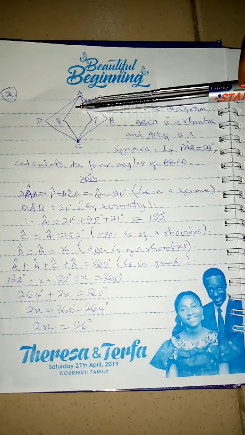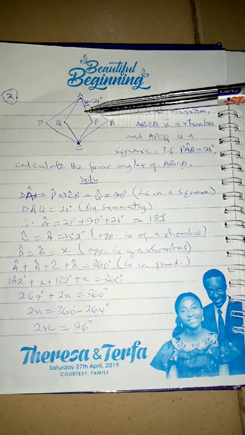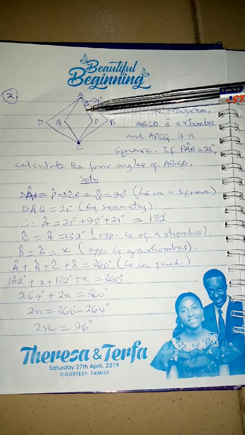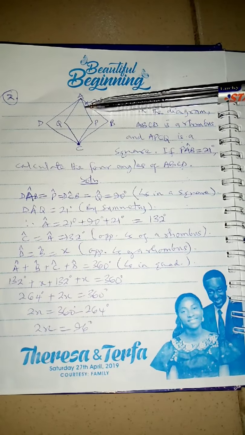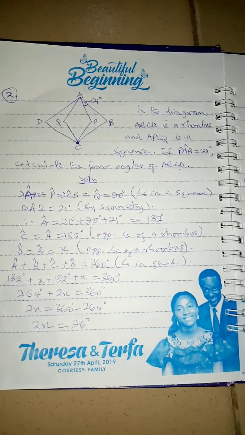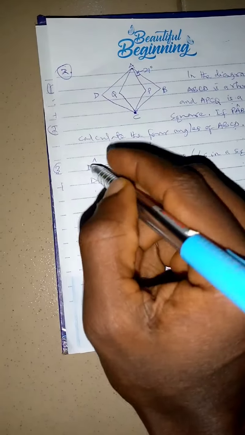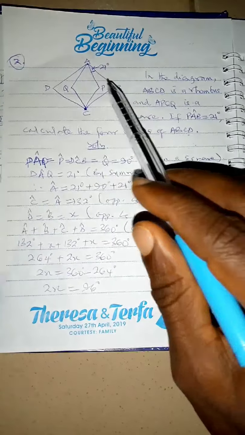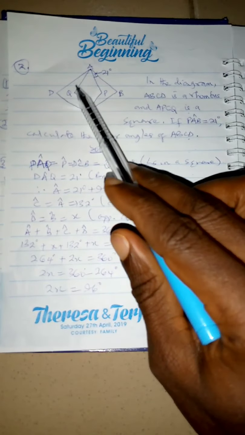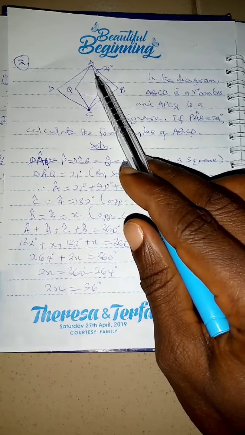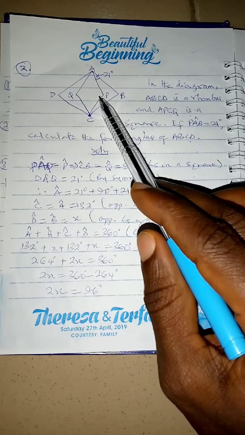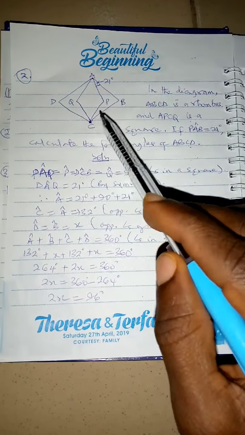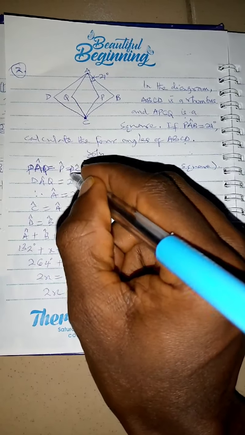When you look at your square, the angle here, which is angle PAQ, is the same thing as this angle, which is angle P, and is the same as this angle too, which is PCQ also.